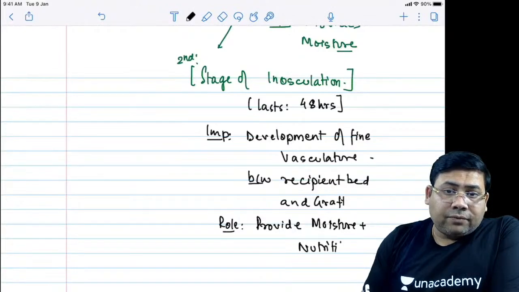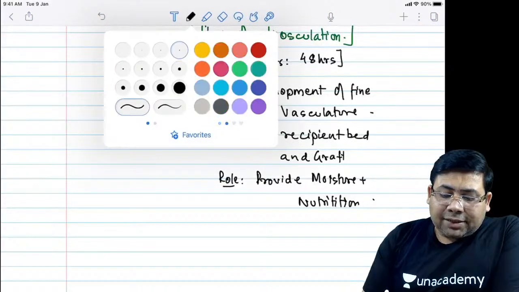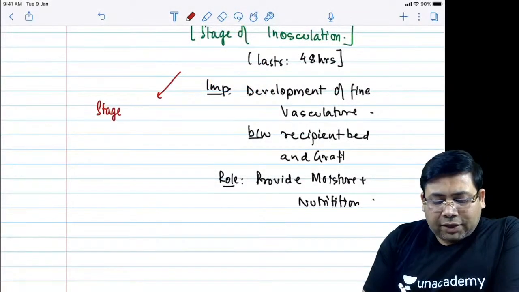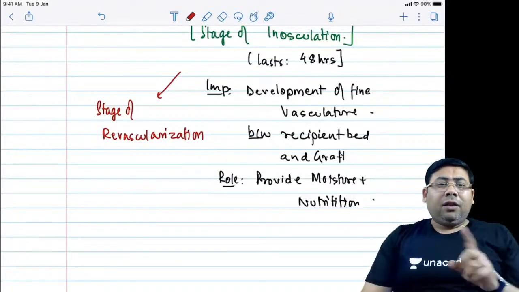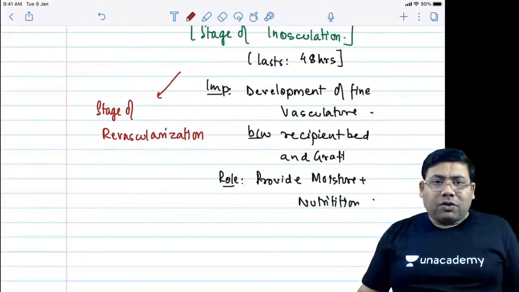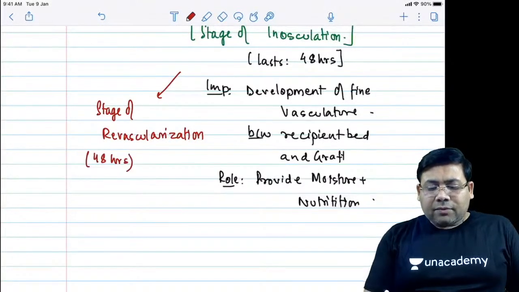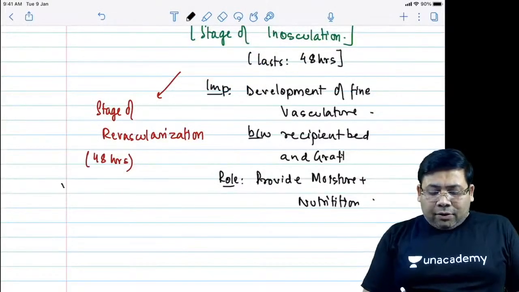Very good. And the last stage we have is the stage of revascularization. When we talk about the stage of revascularization, what is so important? It also lasts 48 hours. What is the concept of the stage of revascularization?